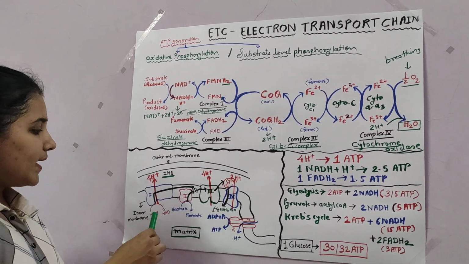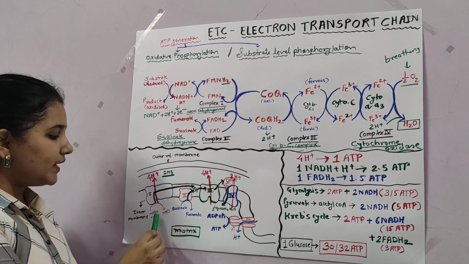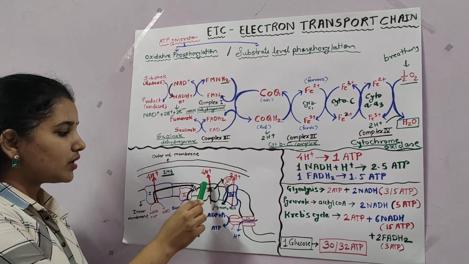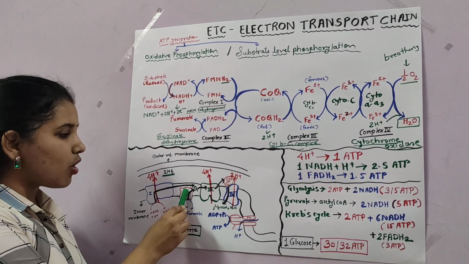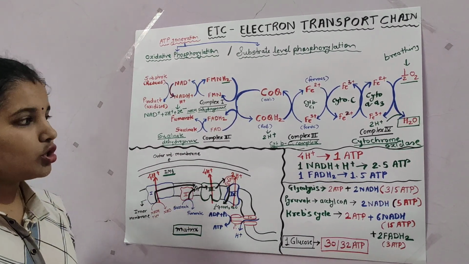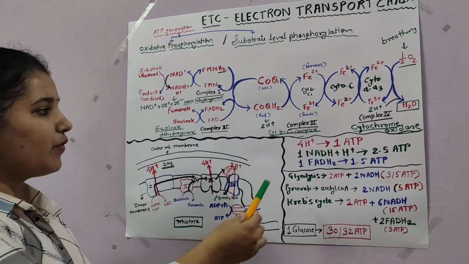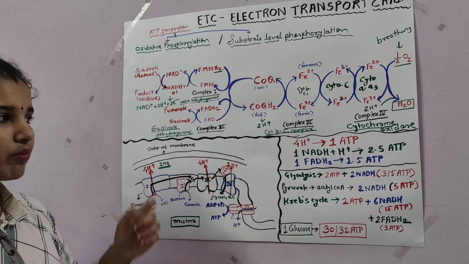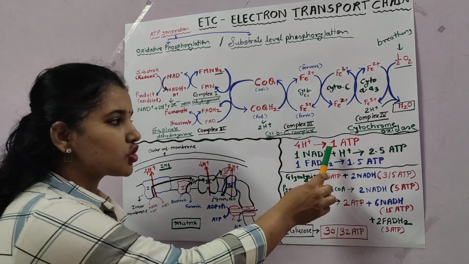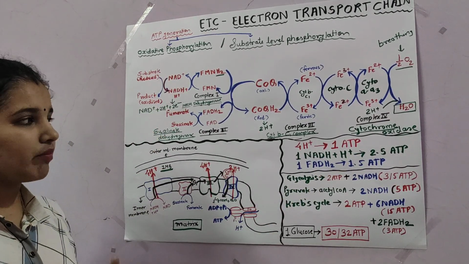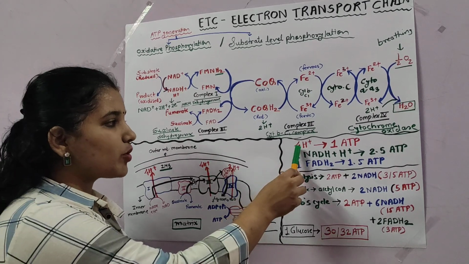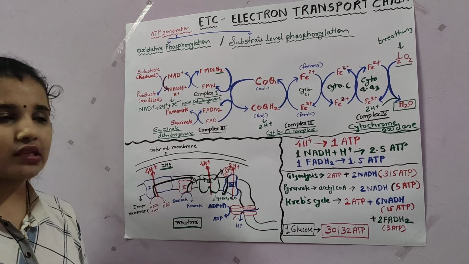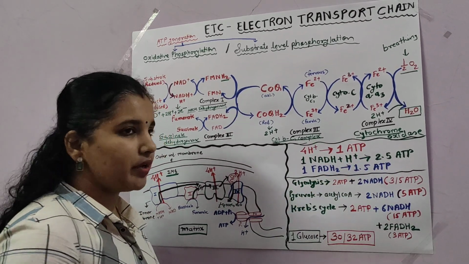So, NADH enters the ETC from complex 1 and FADH2 enters the ETC by complex 2. Remember this: when 4 protons are pumped from the matrix to the intermembrane space, 1 ATP is generated.